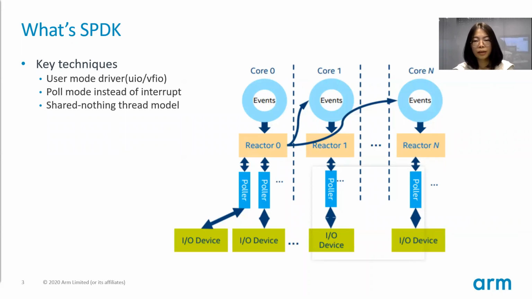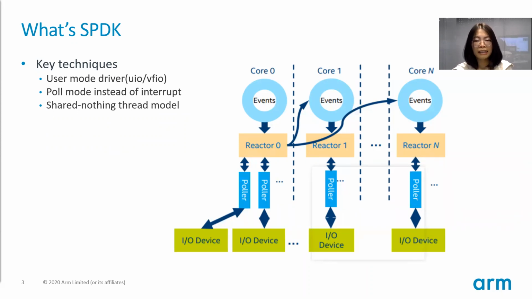One is that it uses user mode for storage applications rather than kernel mode. The devices that SPDK takes control of are unbound from the kernel space driver, and instead the UIO or VFIO driver is used for SPDK to operate devices directly from user space, which thereby eliminates costly kernel context switch.